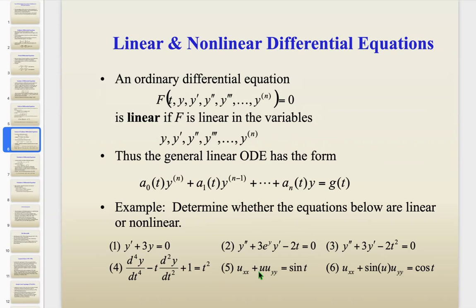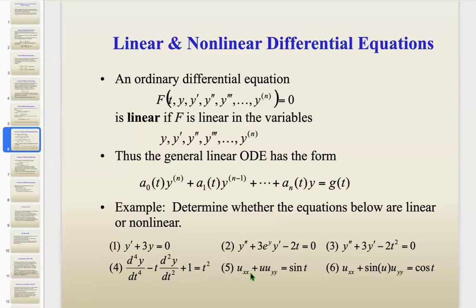When we go to number 5, we run into two problems. First of all, this is not an ordinary differential equation because you see partial derivatives here, derivatives of u with respect to y and derivatives of u with respect to x. So this isn't even an ODE. We're not going to touch on things like that in this class.